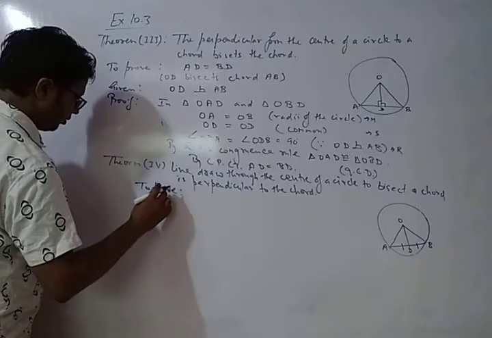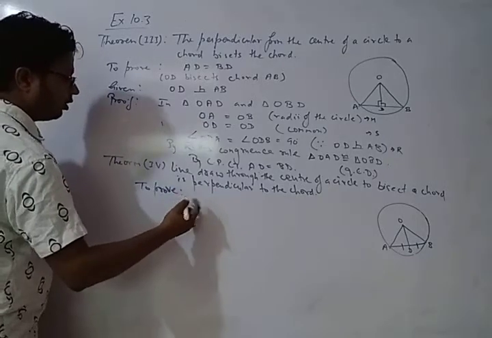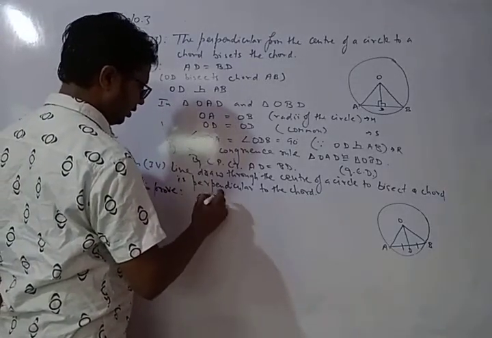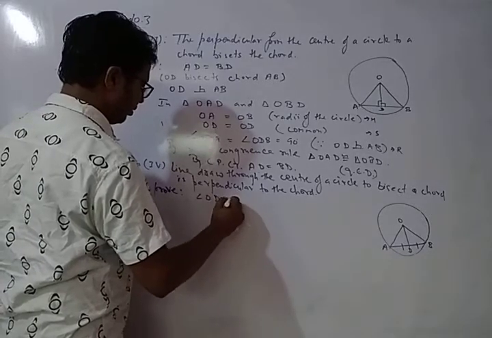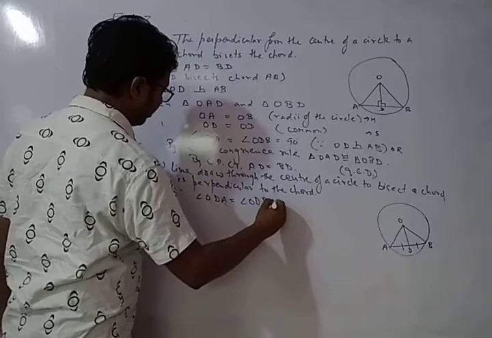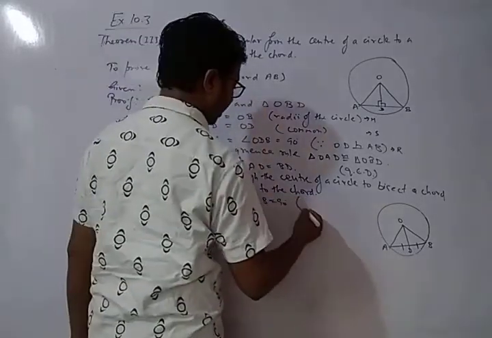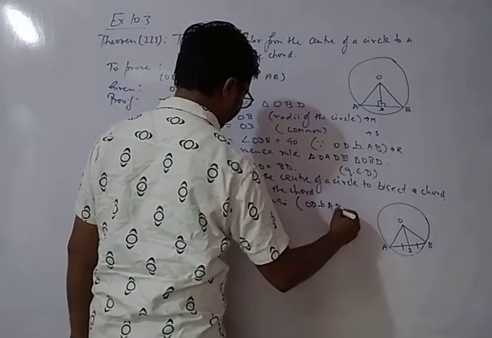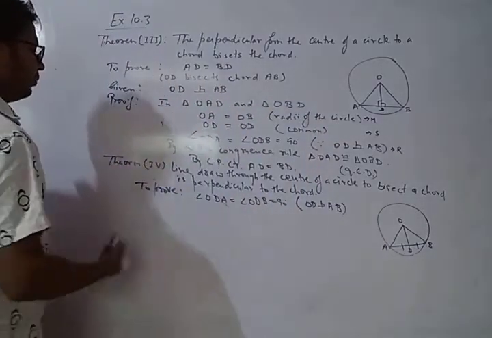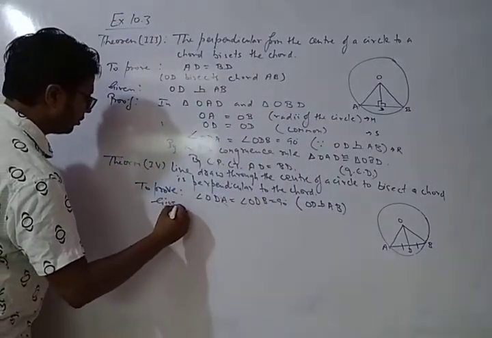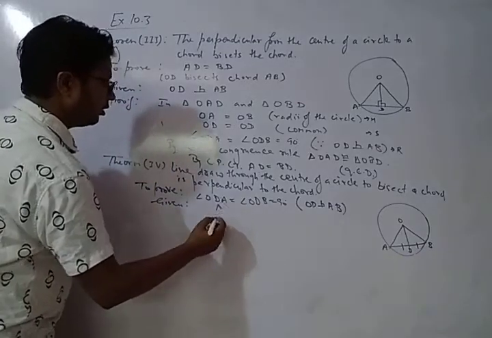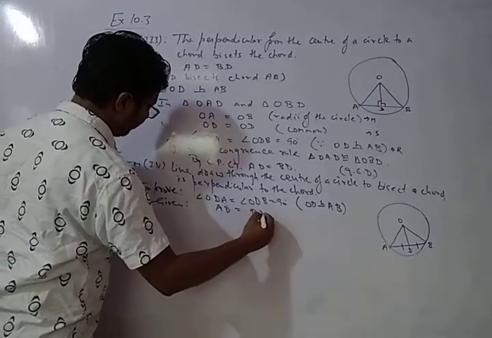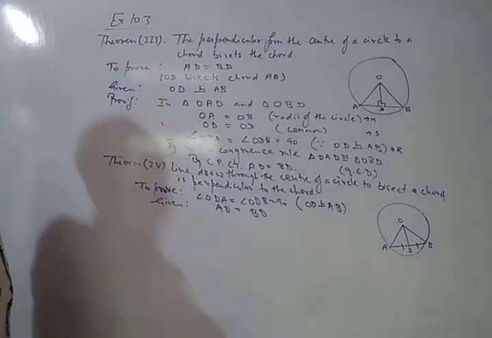To prove that angle ODA is equal to angle ODB equals 90 degrees, so that OD is perpendicular on AB. Now, given is that AD is equal to BD.